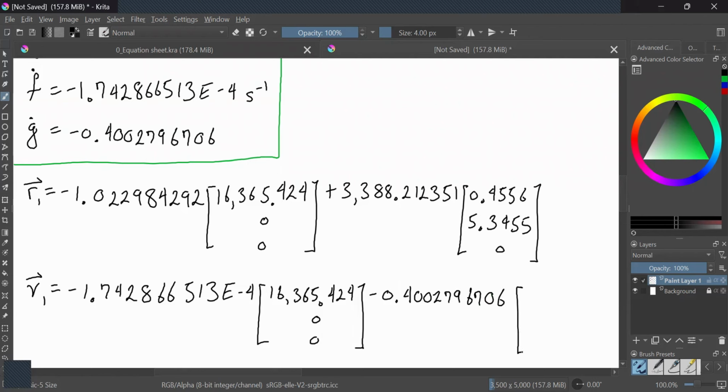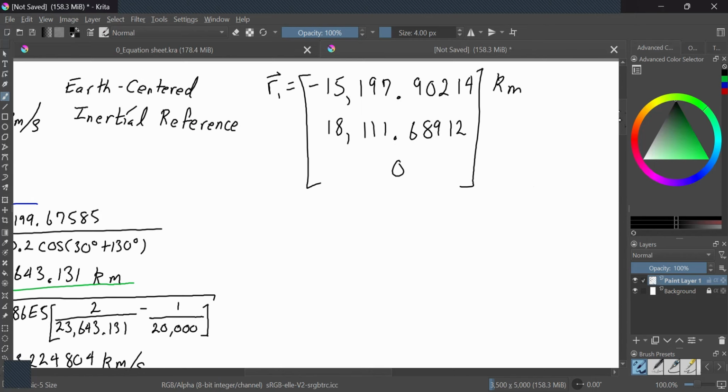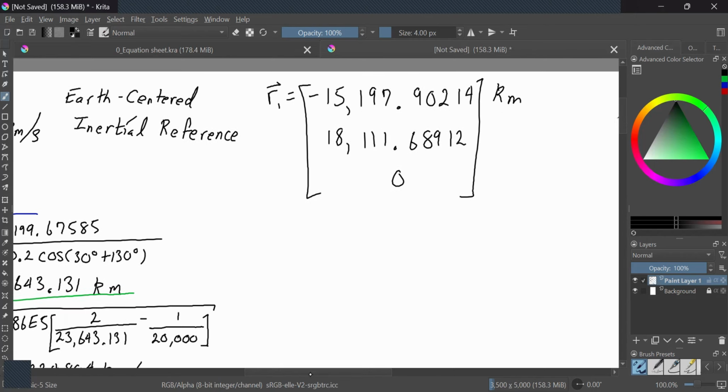That's our velocity of 0.4556, 5.3455, and 0. And similarly, I will be writing that up here.